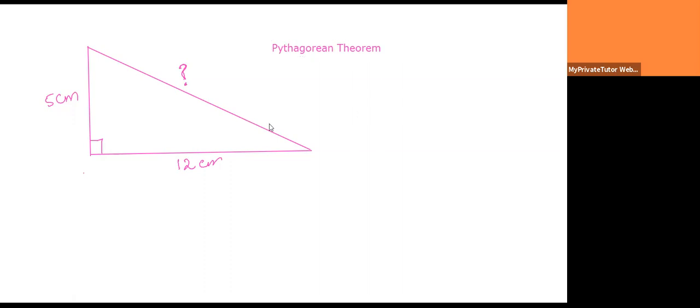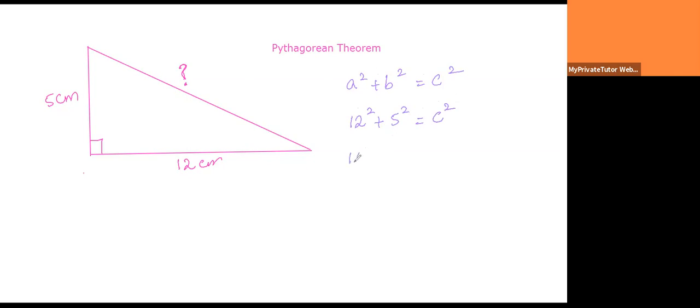Which is nothing but a square plus b square equals c square, where a and b are the height and base. C is the longest side, which is the hypotenuse side. So what is A? Let's say 12 square. What is B? 5, so 5 square. And we need to find C here.